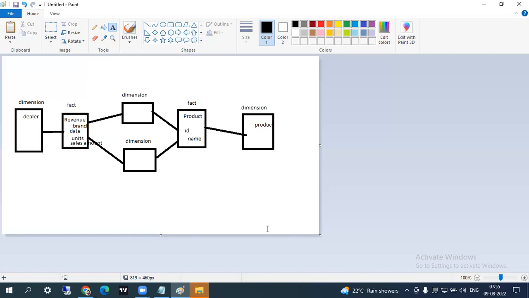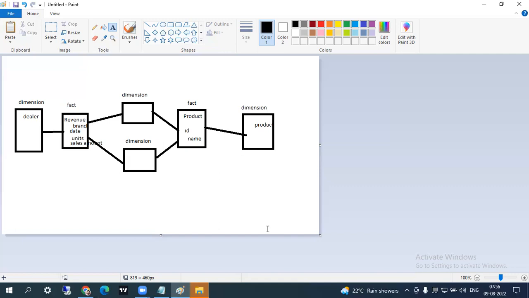You don't need to take everything into your mind. It will cause more confusion if you take most of the things here. So just remember these three things. We'll have two facts, and the dimensions should be shared between the fact tables. And when the dimensions are shared between the fact tables, those are called conformed dimensions. The question that comes from here is, what is a conformed dimension, they will ask.